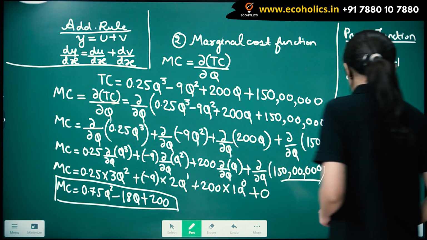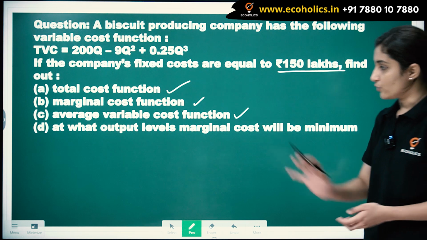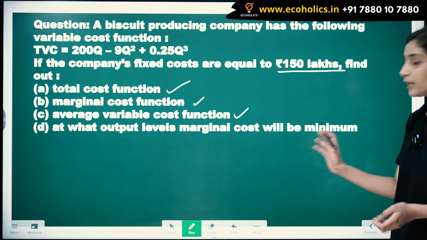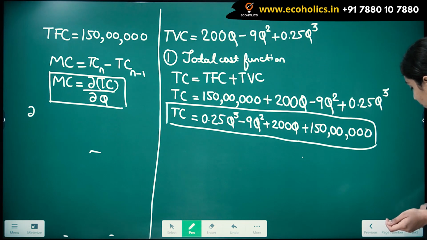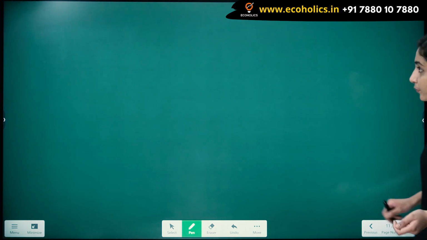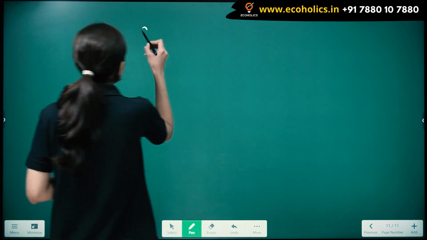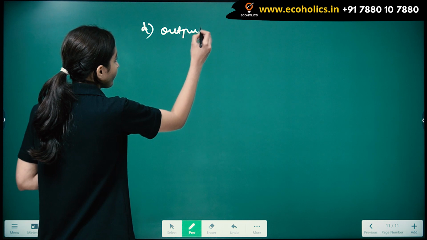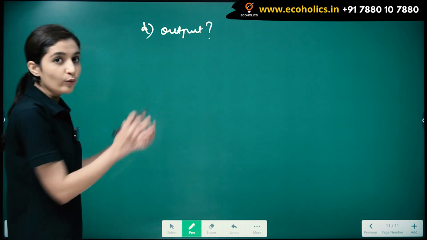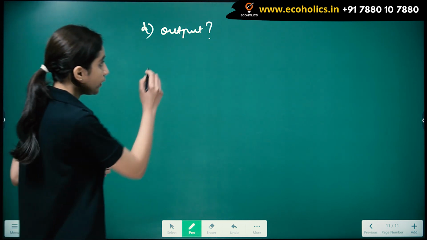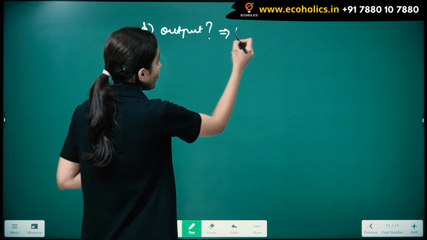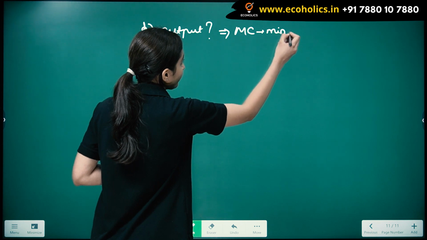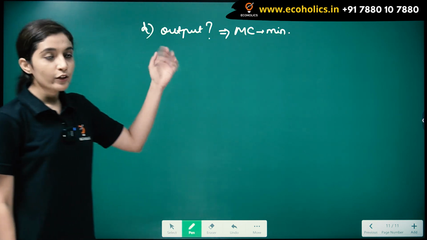Now coming on to D part of the question. At what output level will the marginal cost be minimum? So D part states that at what output is our marginal cost going to be minimum. So we need to find this.